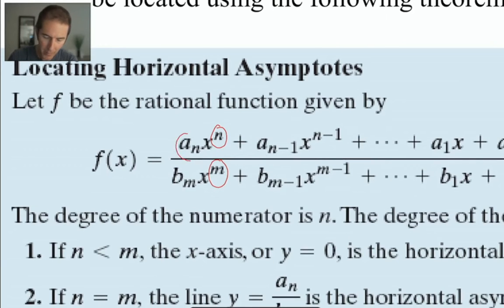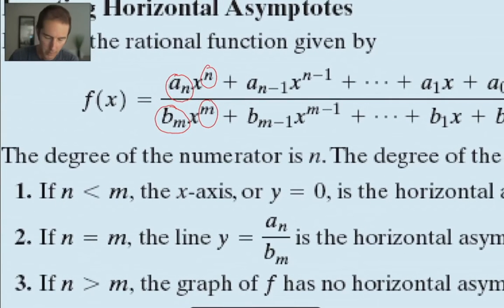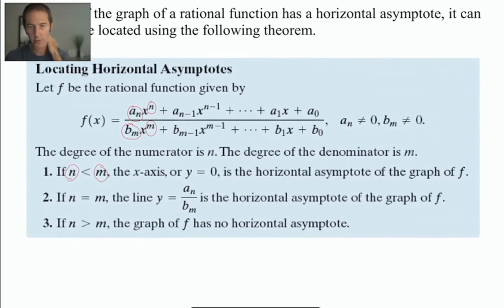This number a sub n is what's being called the leading coefficient in the numerator, and b sub m is the leading coefficient in the denominator. We may need those numbers. Now, if the degree of the numerator is less than the degree of the denominator, then the x-axis, or y equals 0, will be the horizontal asymptote for your graph.